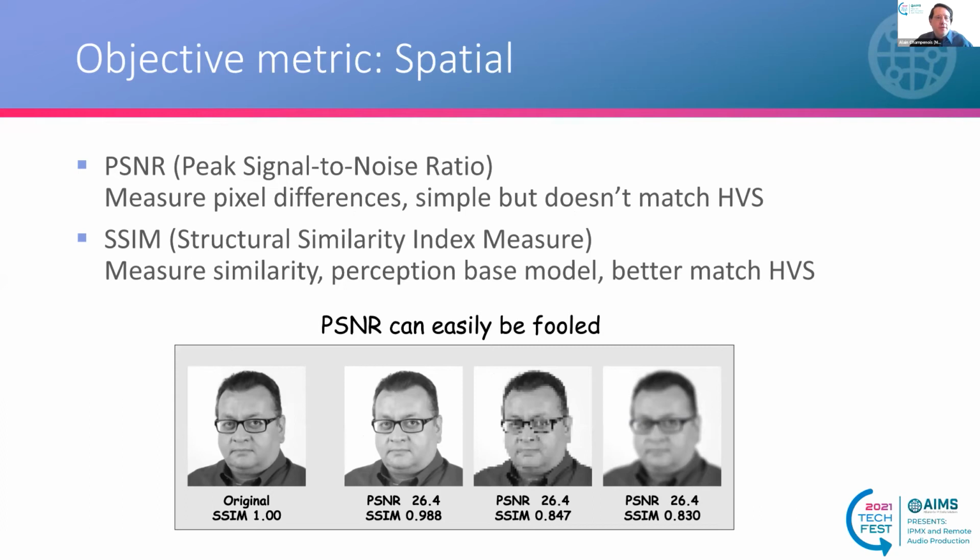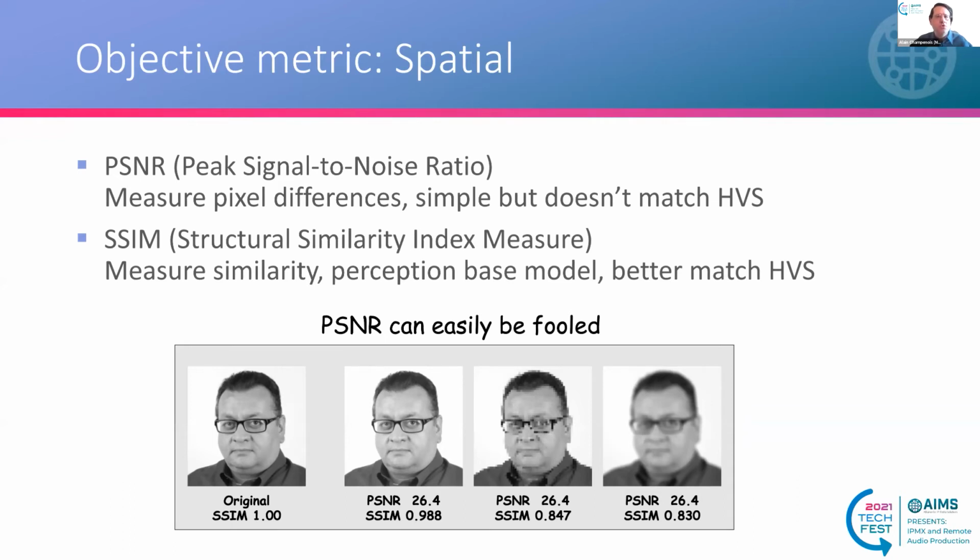Now let's talk about the different types of objective metrics we have. The two most common families of objective metrics are PSNR and SSIM. PSNR is a generic measure of signal distortion, and simply it calculates the absolute error introduced for each pixel of an image.